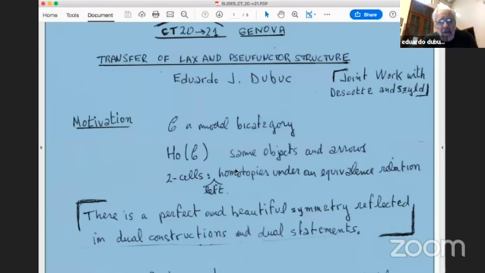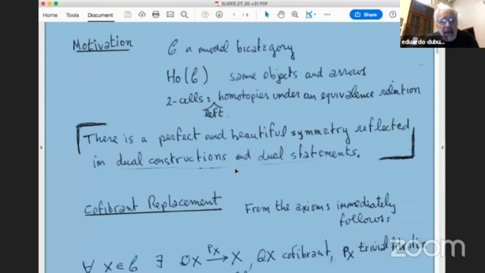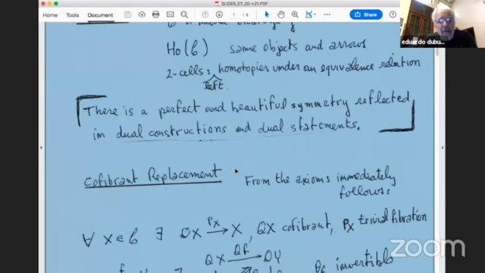There is a beautiful symmetry in this theory, and it's beautiful because both sides of the duality are necessary and are used. It's not that we have one theory and its dual equivalent, no. Both sides of the symmetry participate in the development.